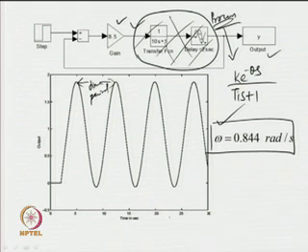Now, we have found the frequency to be 0.844 radian per second. Next, we can measure the peak amplitude of this signal from the peak to peak values, and those values can be used later on.